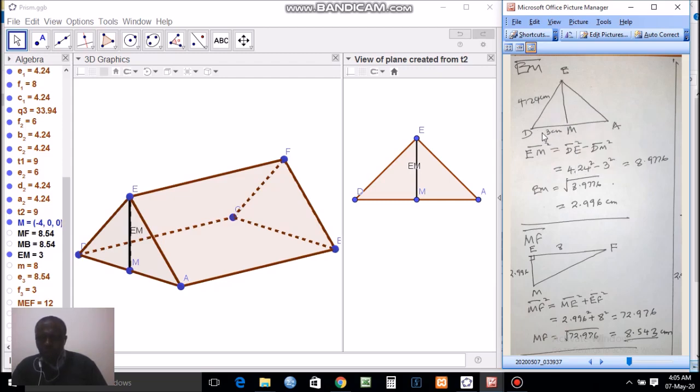So to get EM, we apply Pythagoras theorem as follows, that EM squared equals DE squared subtract DM squared. We bring in the values, and so we have 4.24 squared minus 3 squared. That gives us 8.9776, and EM is therefore the square root of 8.9776, giving us EM as 2.996 centimeters.